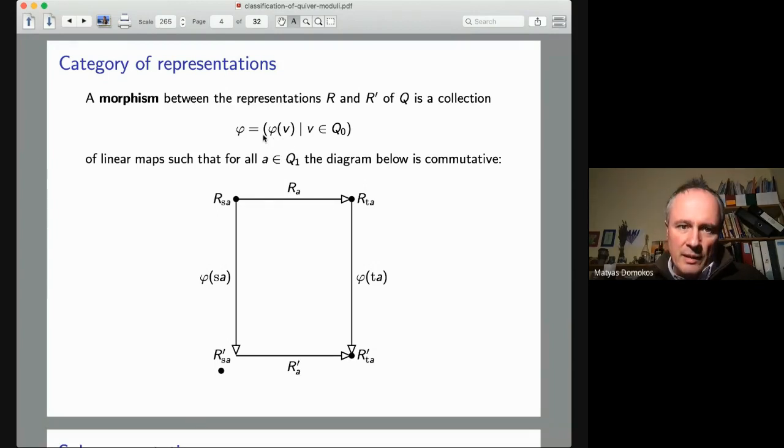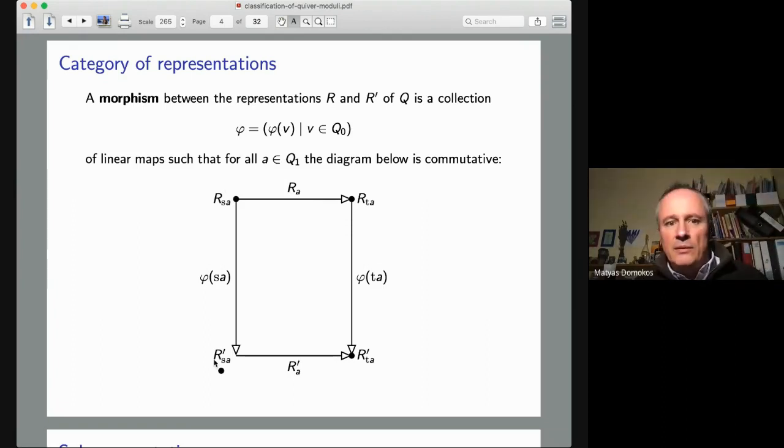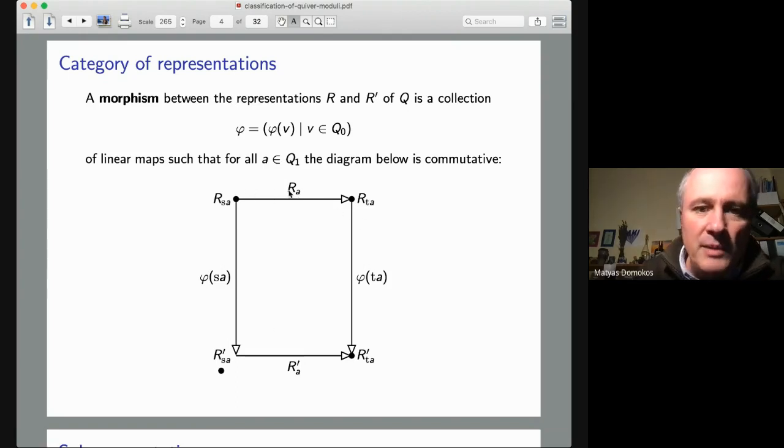We take a linear map between the vector space associated to that vertex by the first representation into the vector space associated to that vertex by the second representation, in such a way that for each arrow A, this diagram of linear maps commutes.